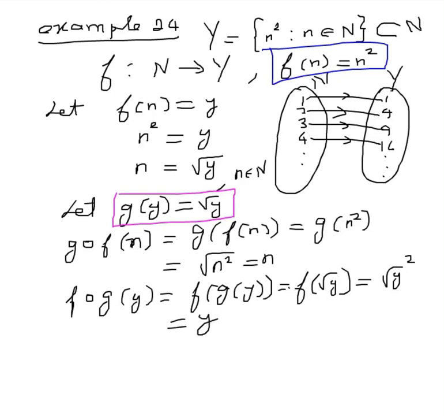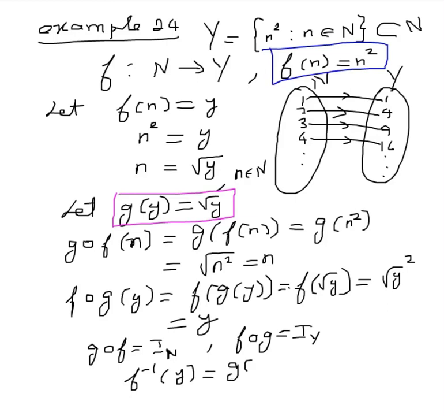Root y square is y. Therefore g composite f is I n, and f composite g is I y. That means f is invertible, g is also invertible. So f inverse is g, g inverse is f. Now we have to write f inverse. So f inverse of y is equal to g of y, which is root y.